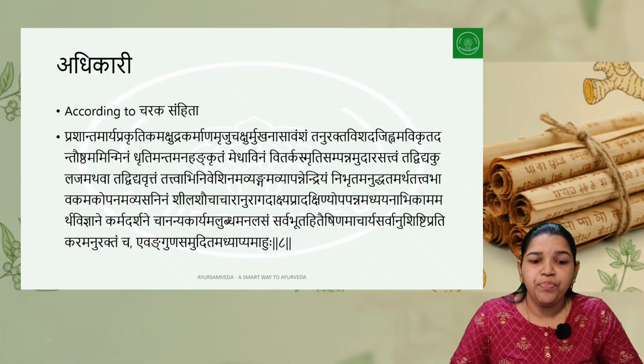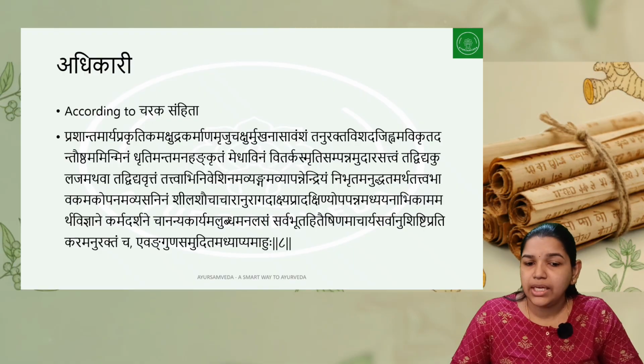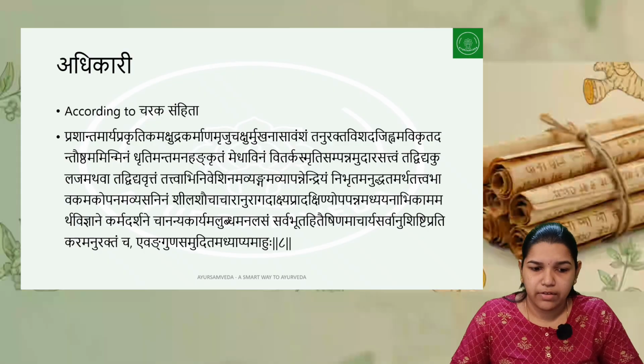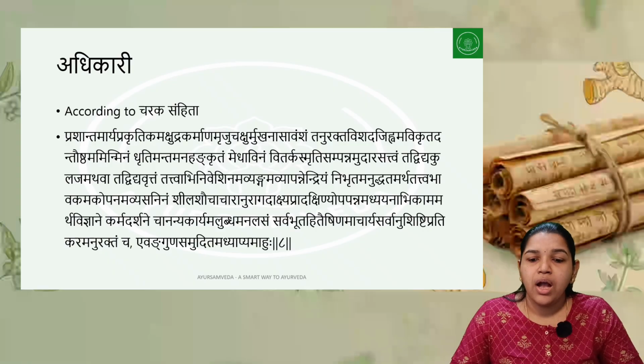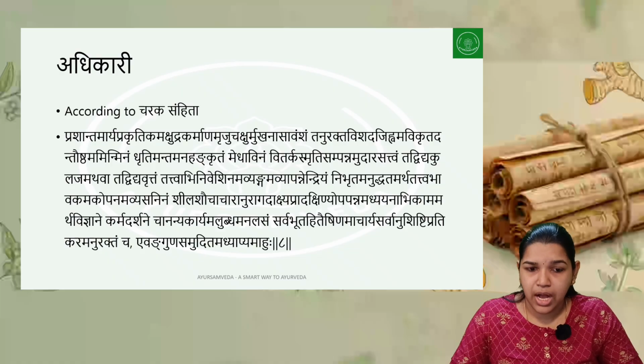Prashantam, arya prakriti, akshudra karmanam, ariju chakshur mukha nasa vamsham, tanu rakta vishada jihvam, avikrita danta oshtham, aminminam, dhridimandam, anahankritam, medhavinam, vitarka smriti sampannam, udara sattvam, tadvidya kulajam athava tadvidya vrittam, tattva abhinivesinam, avyangam, avyapanna indriyam, nibhritam, anuddhatam, arthatattva bhavakam, akopanam, avyasaninam, shaucha achara anuraga daksha pradakshinya upapannam, amadhyanam, nabhigam, arthavijnane karma darshane cha ananya karyam, alubdham, analasam, sarva bhuta hite ratam, acharya sarva anushishta pratikaram, anuraktam cha, evam guna samuditam adhyapayet.